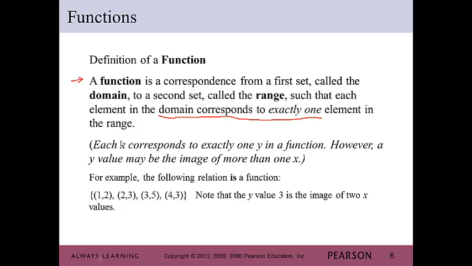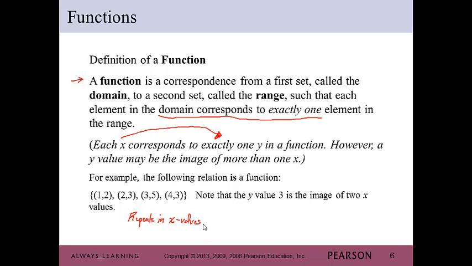What's that basically saying? Each x corresponds to exactly one y. If that is true, then that relation is a function. A trick is to look for repeats in the x values.